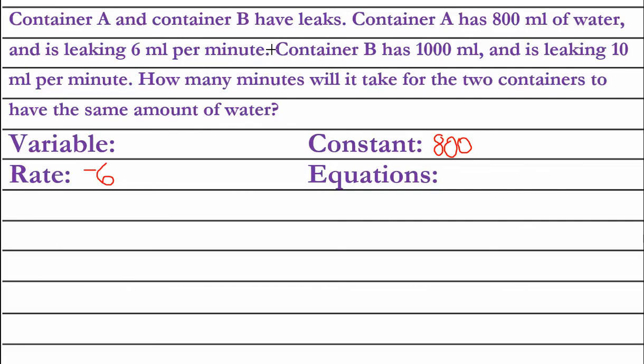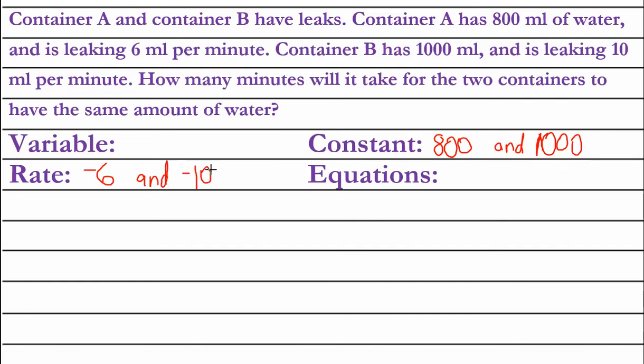Go back to the context. Container B is 1,000 milliliters. So now we have another constant because we have another starting value of 1,000. And it's leaking at 10 milliliters per minute. So we now have another rate.